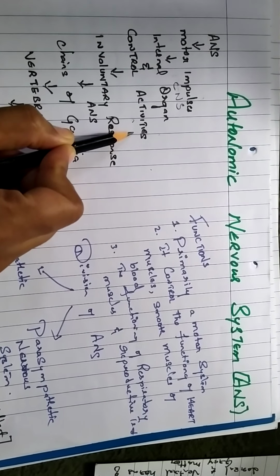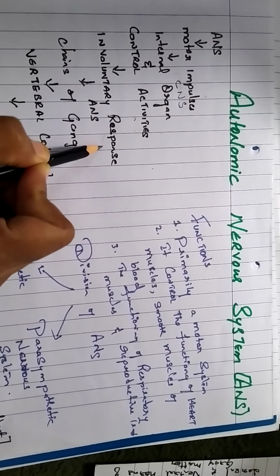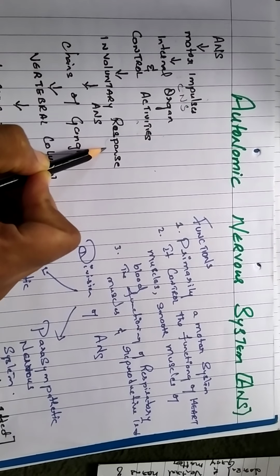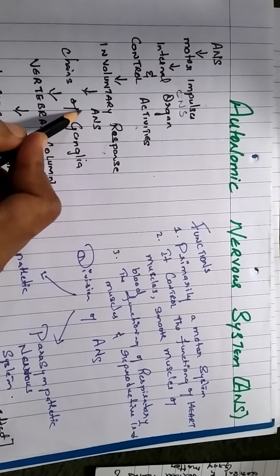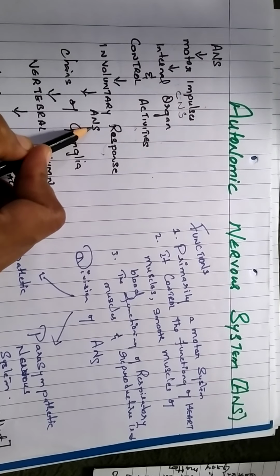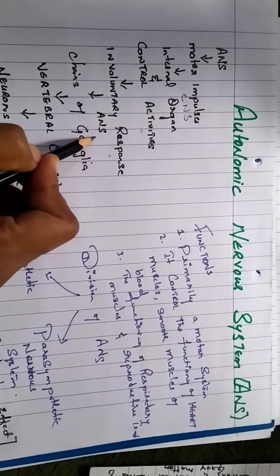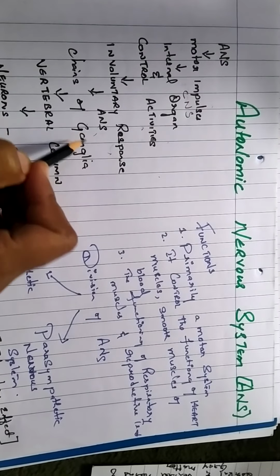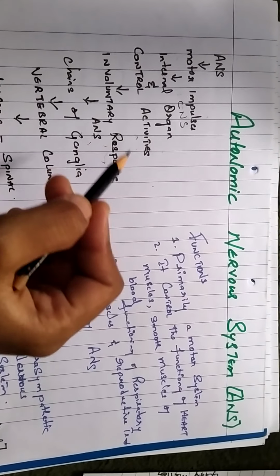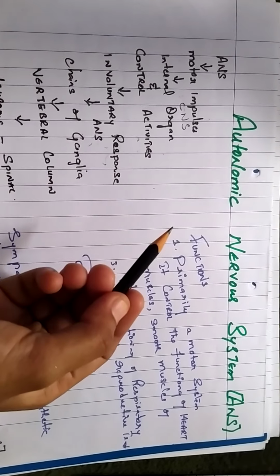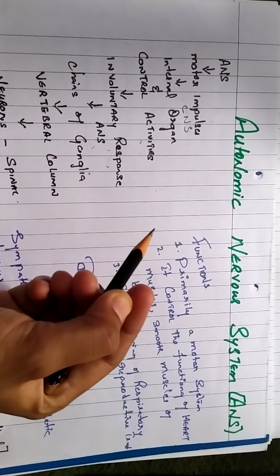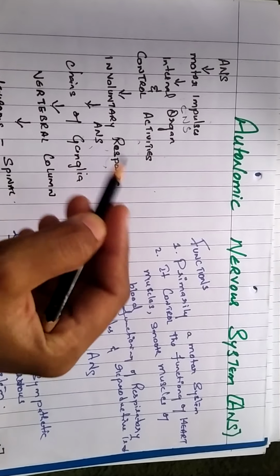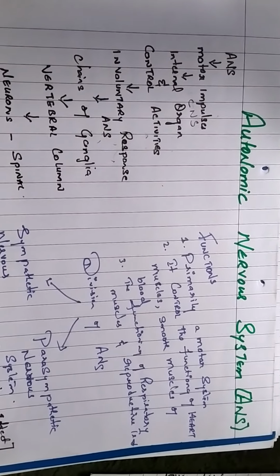These impulses produce involuntary responses that are not under conscious control. For example, the glands in the stomach pour out digestive juice, or the heart starts beating fast without any voluntary decision.